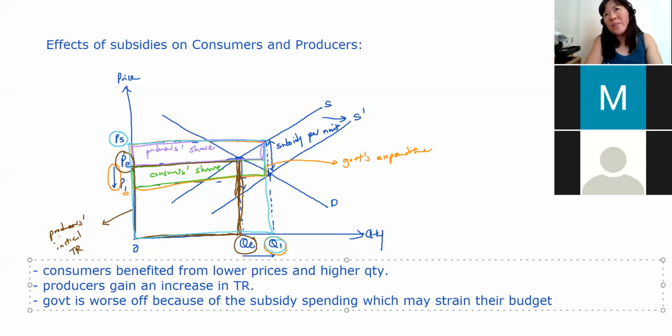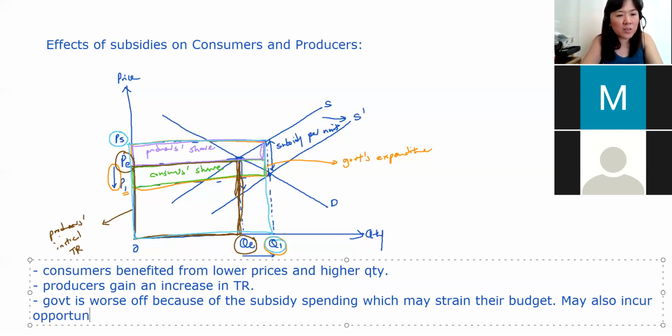And sometimes we even say that it may also incur opportunity costs. Why? If the government were to spend on giving subsidies, this money will have to be diverted away from other uses. Like how the government could have used this money to build infrastructure or spend on education.